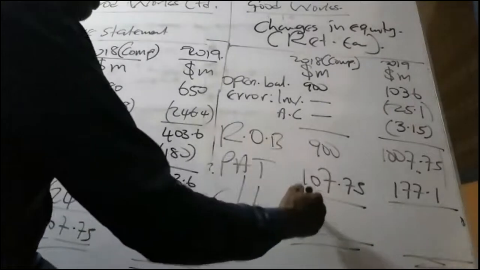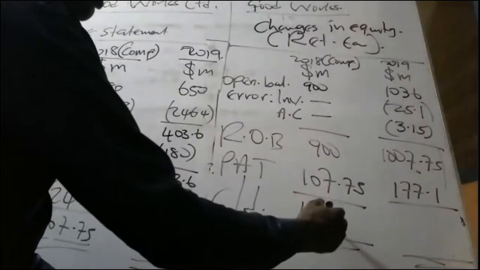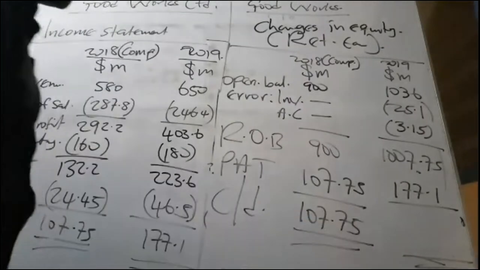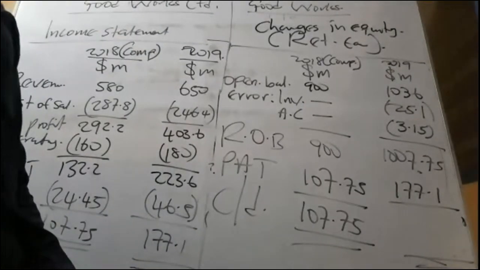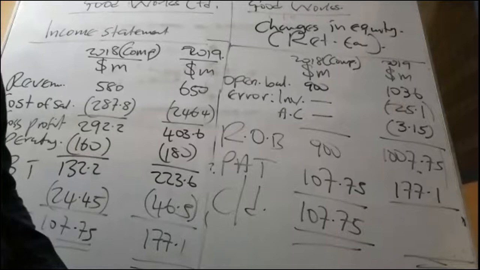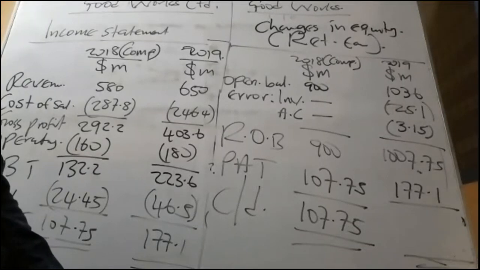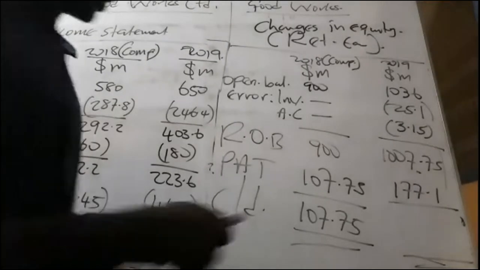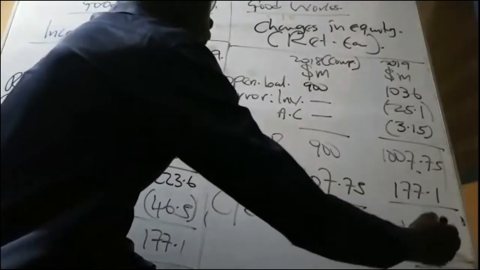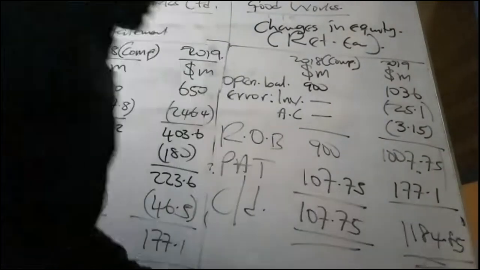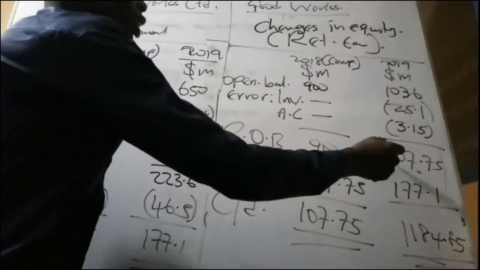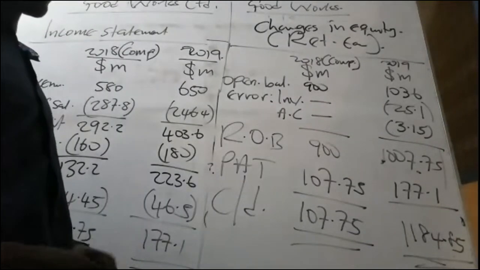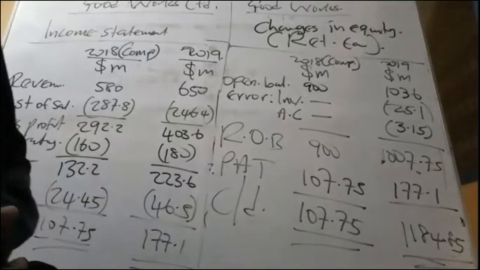Putting it all together, I get 1007.75, plus 177.1, and then 10.75, so 1184.85. If you do it well, your closing balance here should be the same as the restated opening balance. Then it has balanced nicely for you.